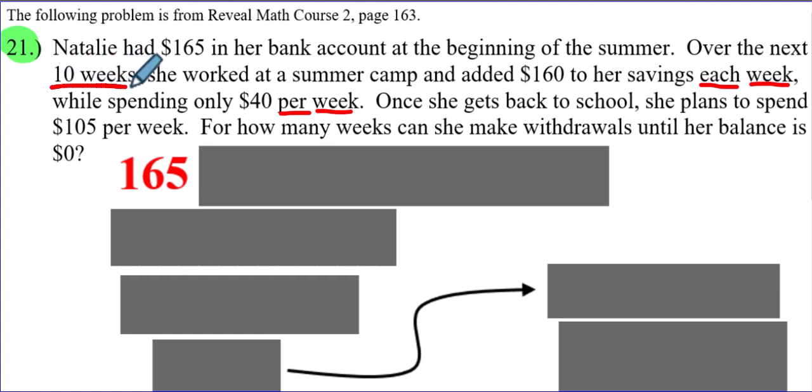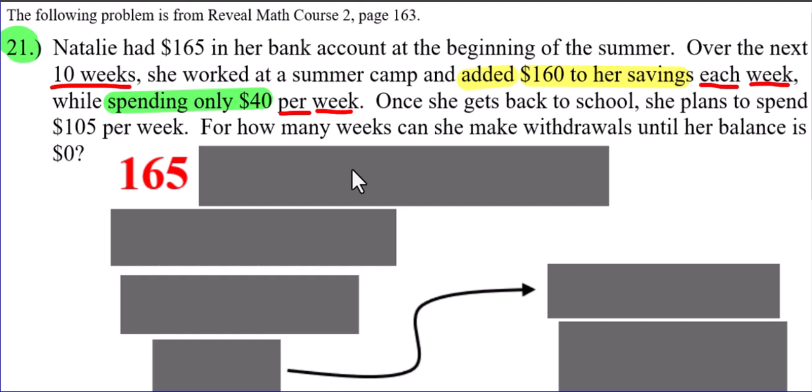So, we should also talk about how savings money, that is going to be added, that's positives, but spending is going to take away the $40.